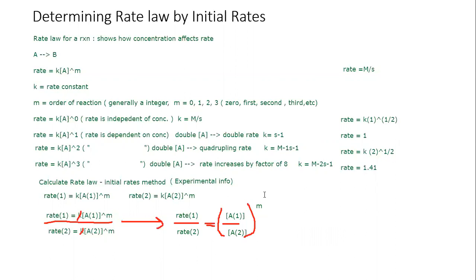But if you can't, if you take the ln of both sides, then the exponent comes to the front, and you can determine M that way. But this is how you do it for a 1 reactant system.